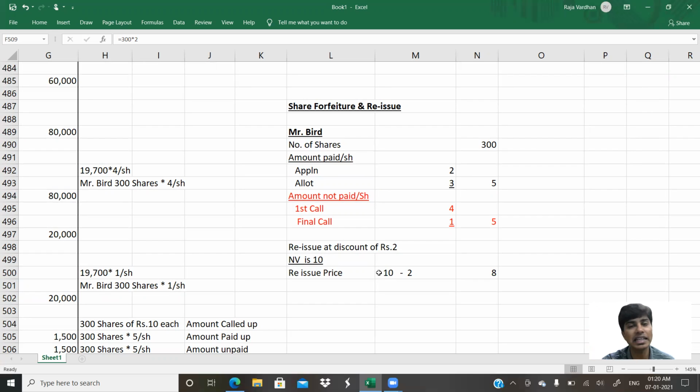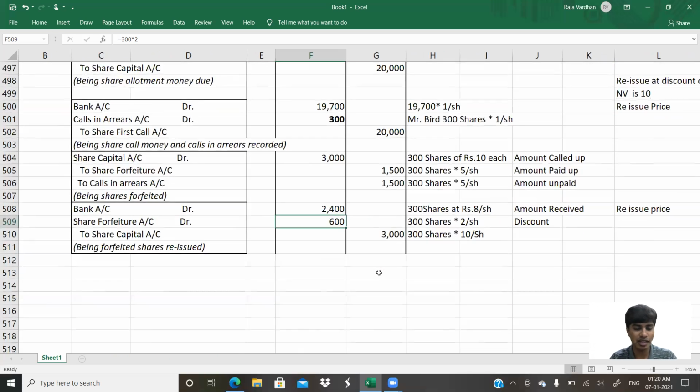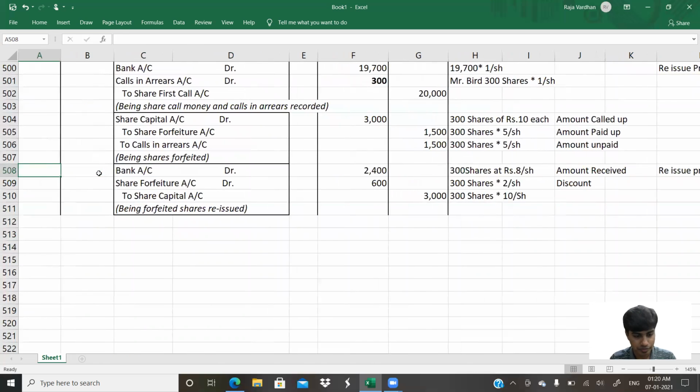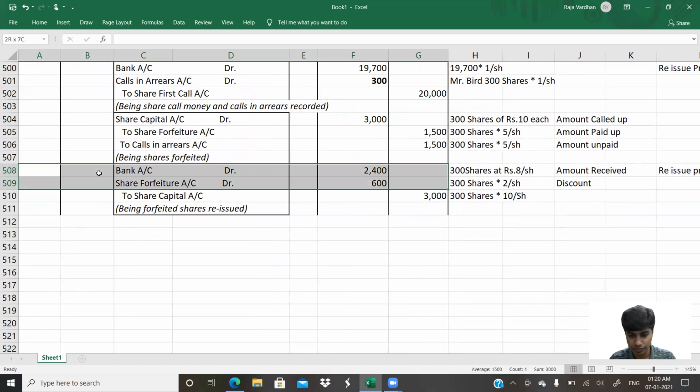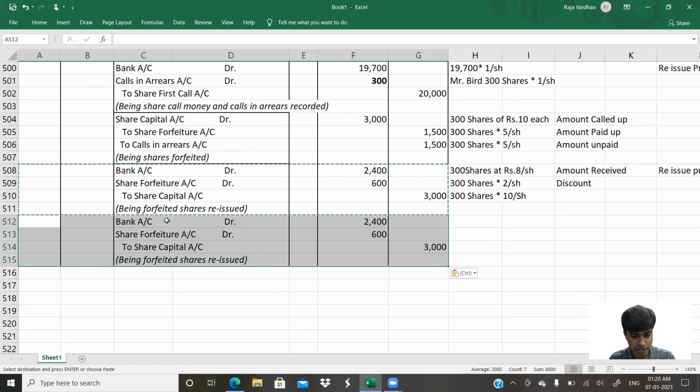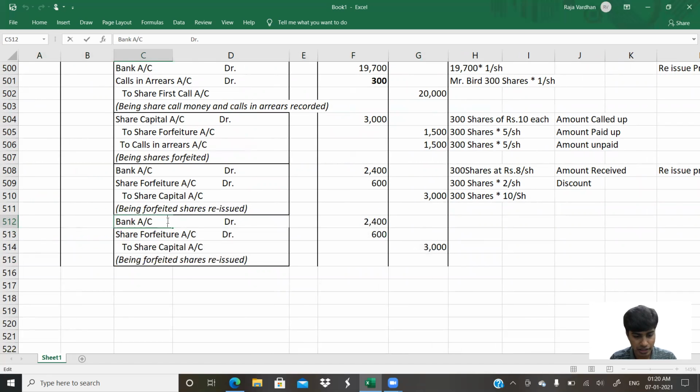For a 10 rupees share, the 3 rupees extra that you've collected is what? Profit. Yes, that will go to capital reserve. Capital profit it is. So it will go to capital reserve. Come on, let's write the entry. The entry will be share forfeiture account debit to capital reserve.